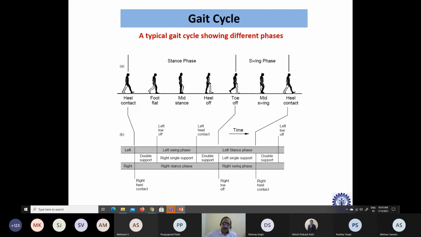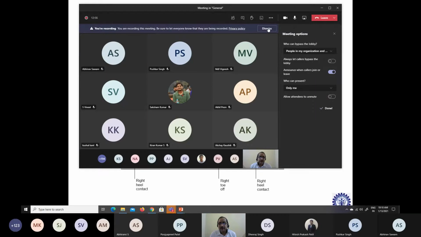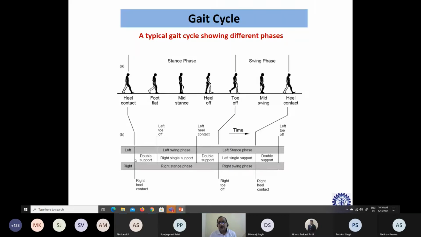As I had shown this slide earlier, I think there were certain confusions regarding understanding the gait cycle.